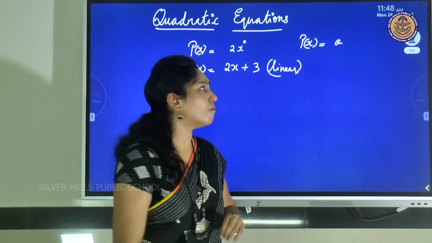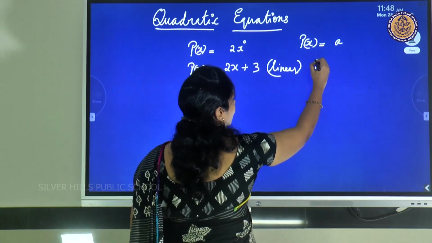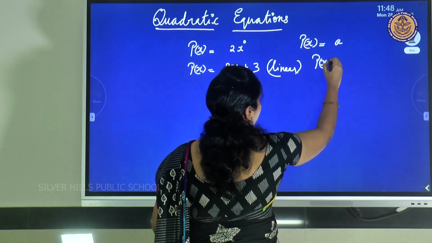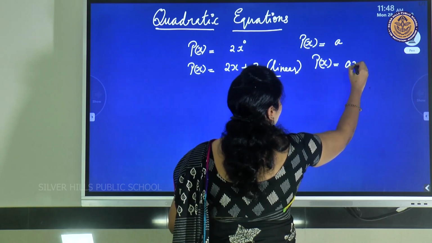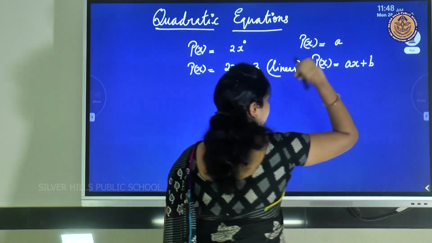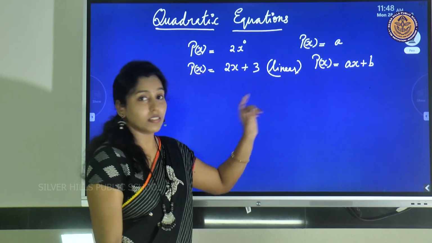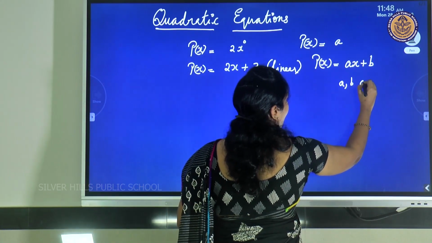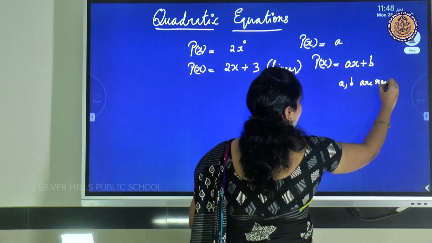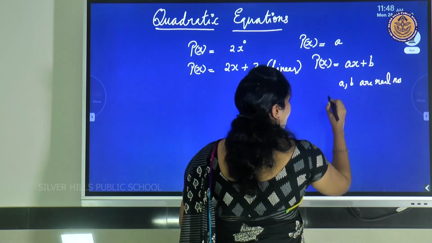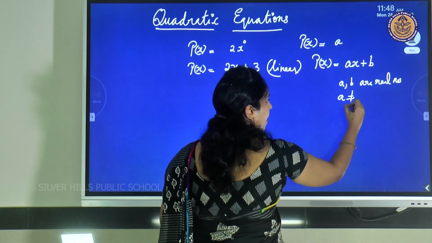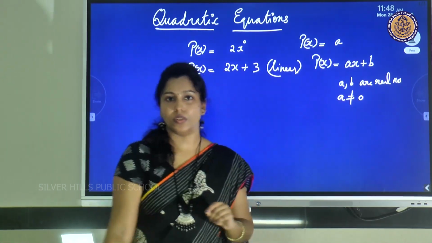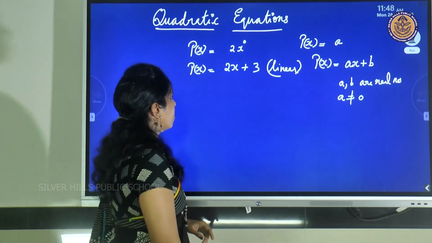And what is the general form of representing such polynomials? I can write it as, say, p of x is equal to ax plus b. What is this a and b? Where a, b are real numbers, and one condition is there, a not equal to 0. Why a not equal to 0?